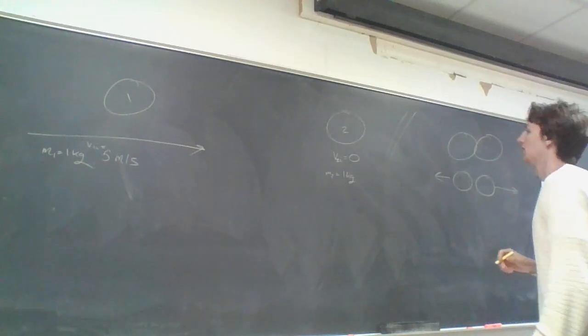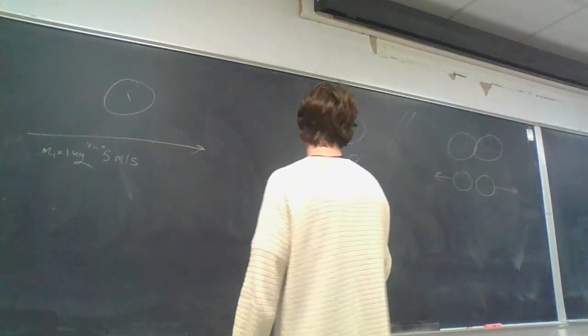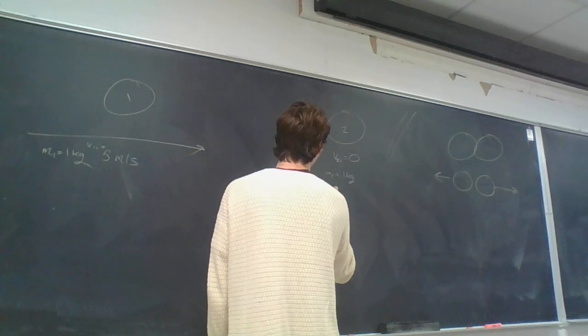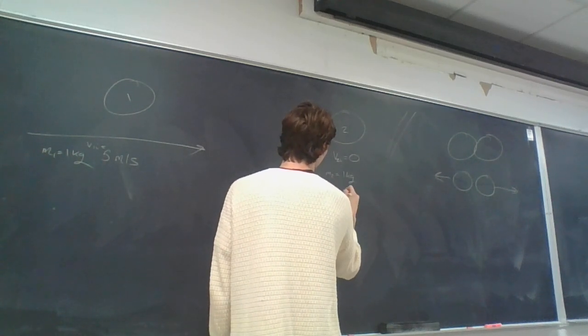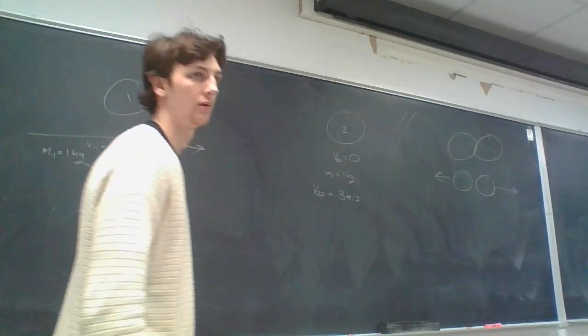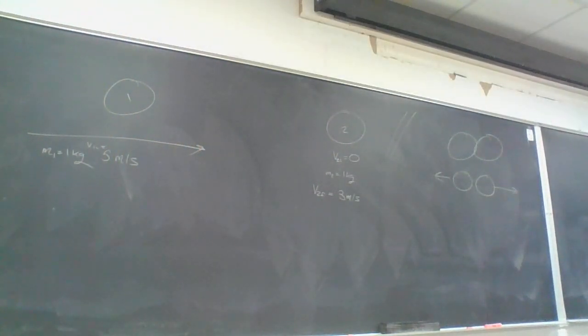So say I tell you that the final velocity of 2 is 3 meters per second. I want you to solve for the final velocity. Okay. Anybody got any ideas of how we would do that?